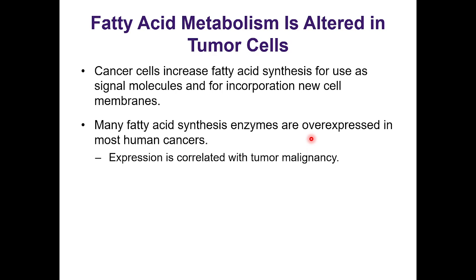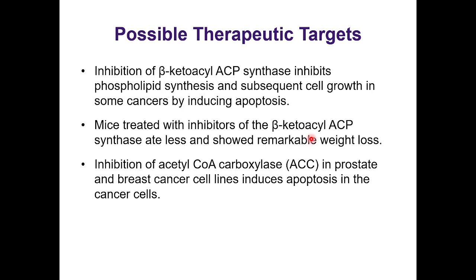The cancer cells are going to increase fatty acid synthesis for use as signal molecules and for incorporation into new cell membranes. Many fatty acid synthesis enzymes are going to be overexpressed in most human cancers. The expression is correlated with tumor malignancy because it's spreading then. The inhibition of beta-ketoacyl ACP synthase is going to inhibit phospholipid synthesis and subsequent cell growth in some cancers by inducing apoptosis.